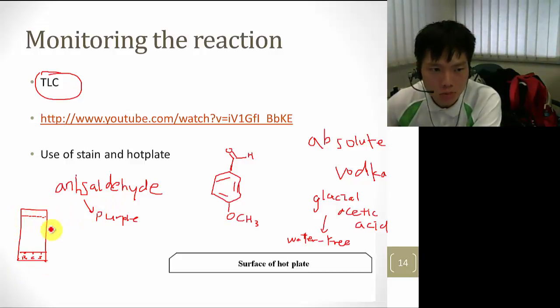The whole plate should be soaked in purple or light purple color, and immediately you should already have the hot plate in place. Not too hot, just hot. You place the plate on the hot plate, with the side with the sample facing up. Don't let your sample face down onto the plate, it will all be burned.